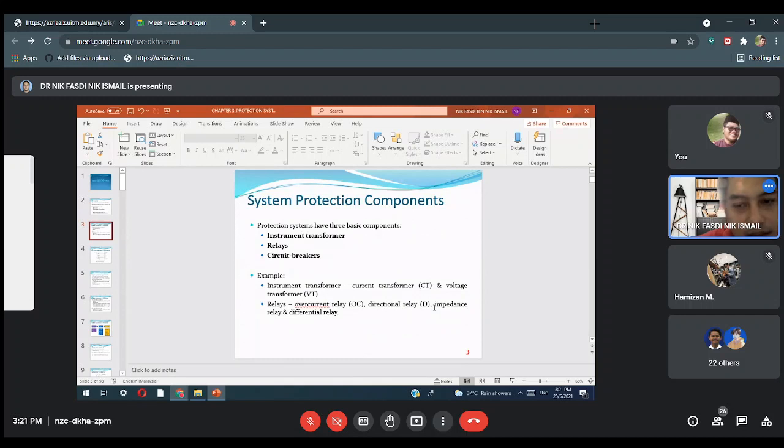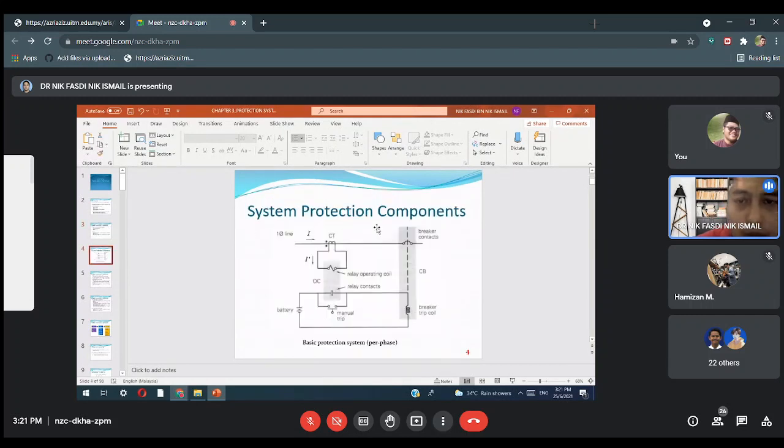Today we are going to cover the impedance relay and the differential relay. So we have four types of relay being used in practical power system protection. I want to refresh what you understand about the system protection components.